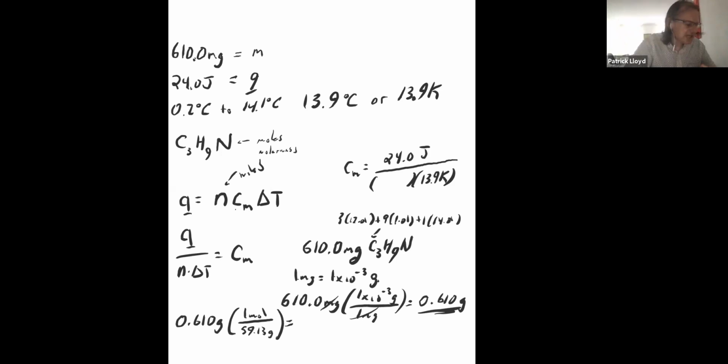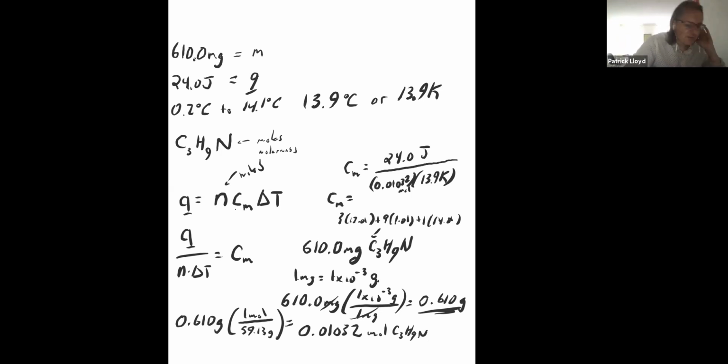So 0.610 divided by 59.13, and you get 0.01032 moles of C3H9N. So now you can put that in there. 0.01032. That's moles. Sorry, I ran out of room there.